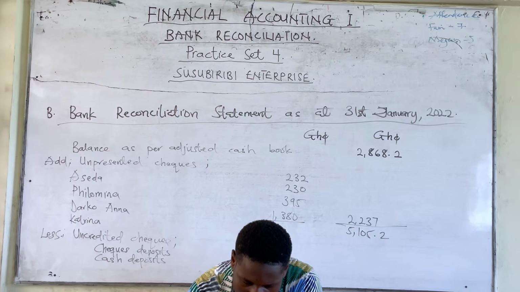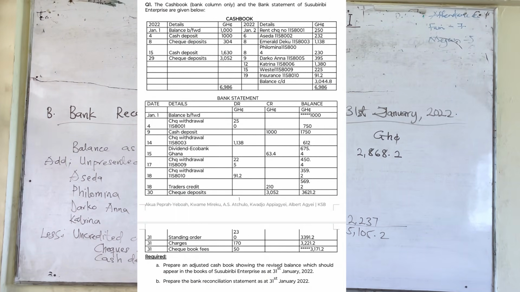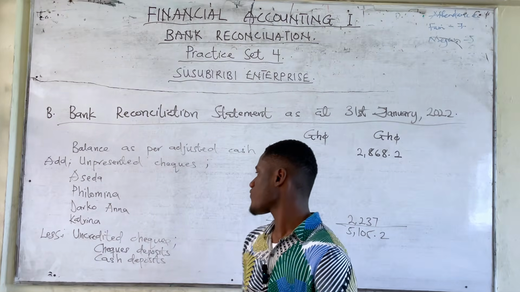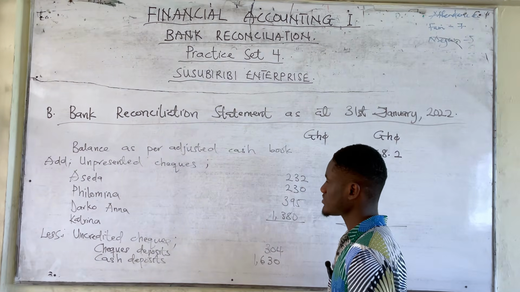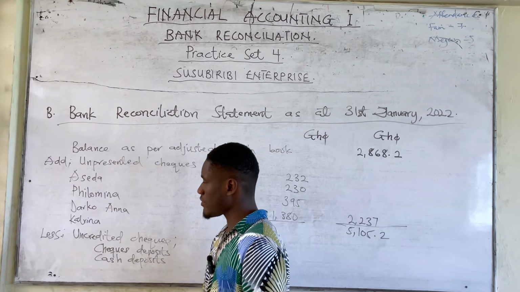Yes, it was recorded in our bank statement, so we have no problem with that. We'll check for any other item that was not recorded. So that was all for the items that were not credited by the bank.